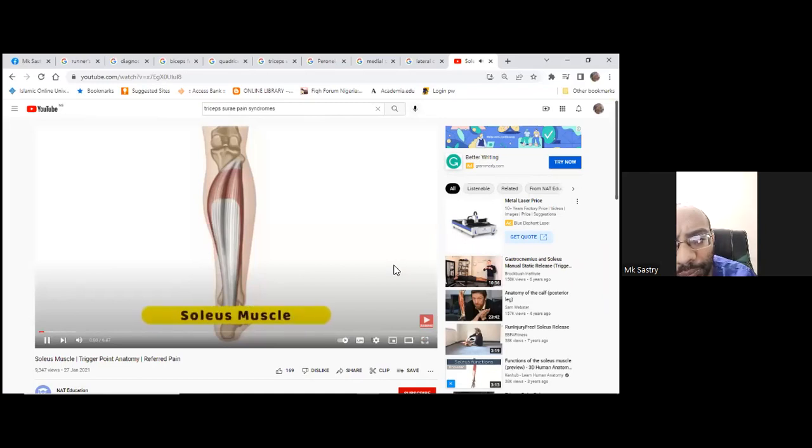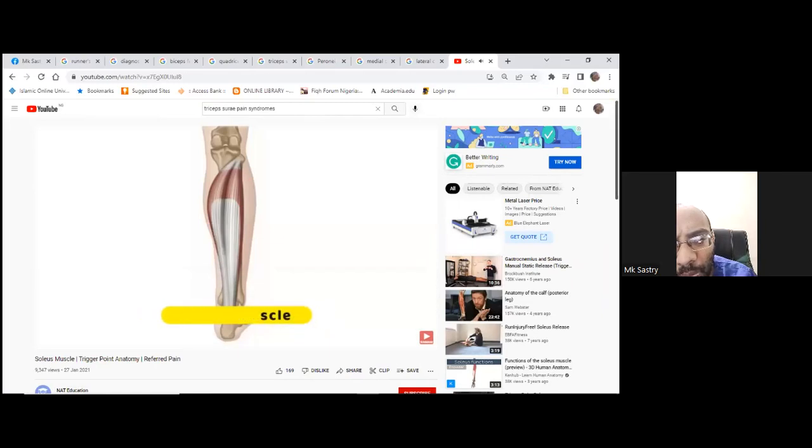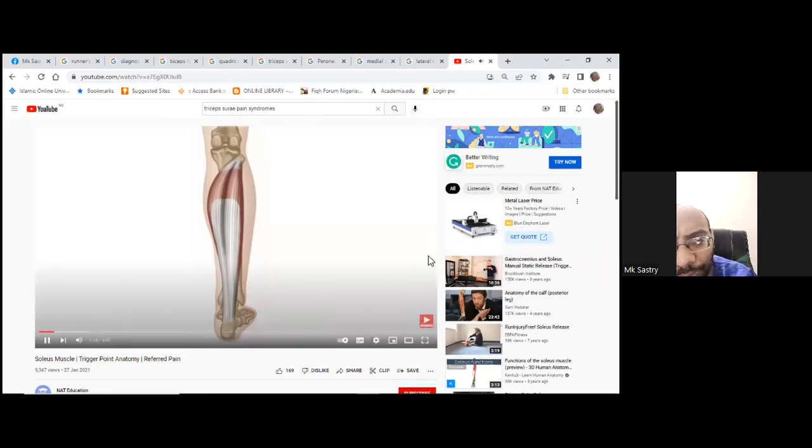We're now going to look in more detail at the soleus muscle. This is really a big, strong muscle. It attaches at the top to the tibia, which is the big heavy bone of the lower leg.